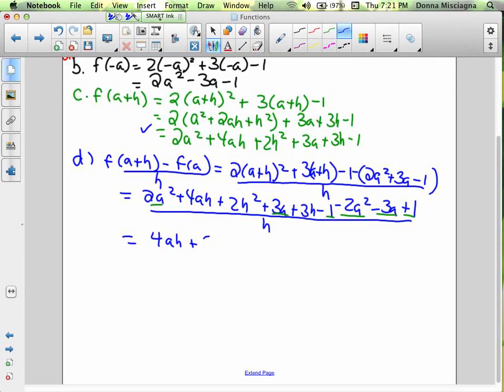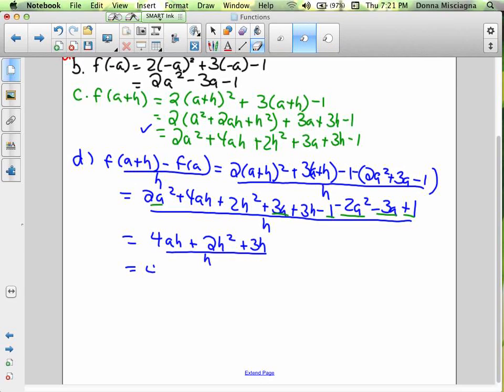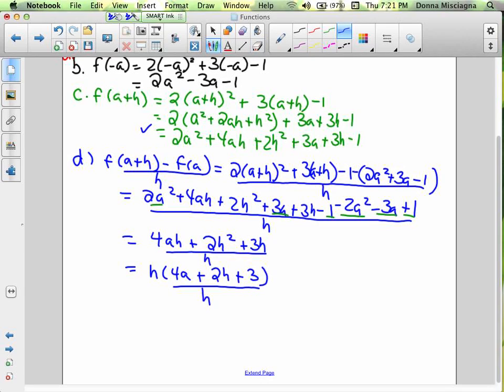All right, so we're left with 4ah plus 2h squared plus 3h all over h. And notice that we could factor out an h because every single one of our terms has an h in it. So that would be h times (4a plus 2h plus 3) all over h. We can cancel that out.